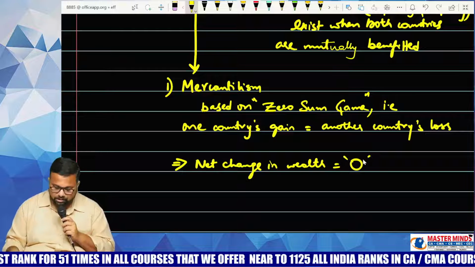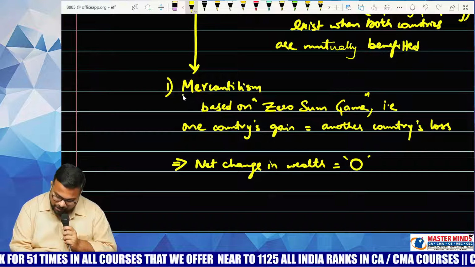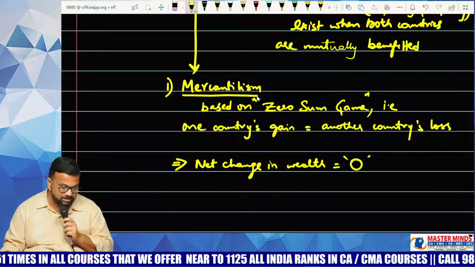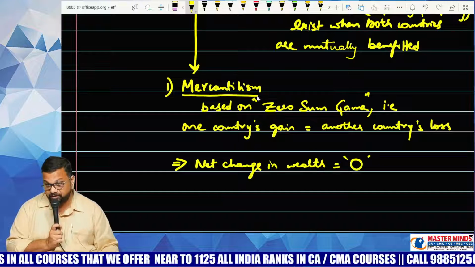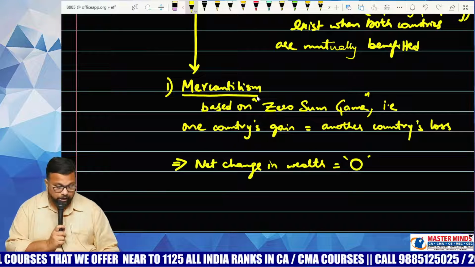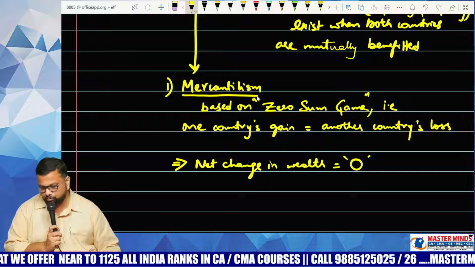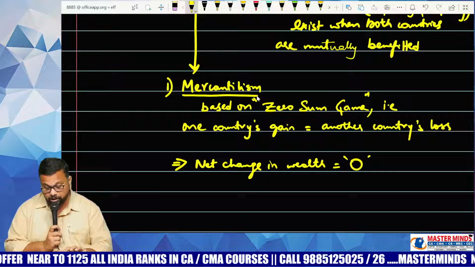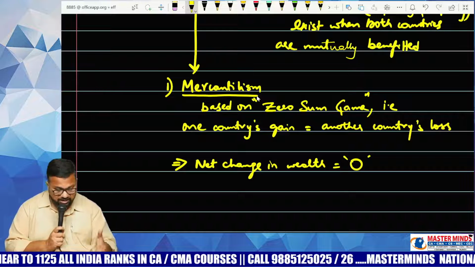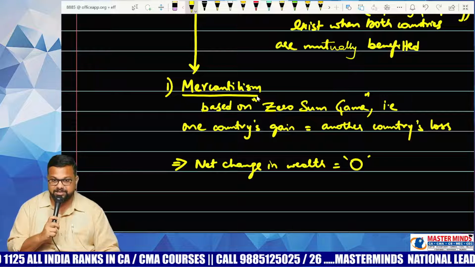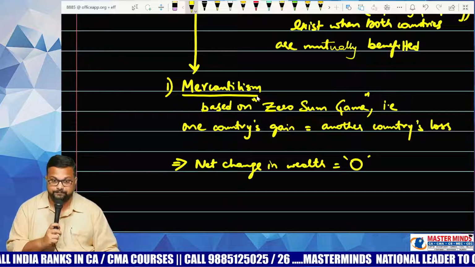For example, this was practiced by many countries, and still some countries are practicing the same thing when it comes to developed countries. When developed countries are trading with developing countries and undeveloped countries, most of the time, knowingly or unknowingly they will practice mercantilism. The classic example for mercantilism is East India Company trading with India.